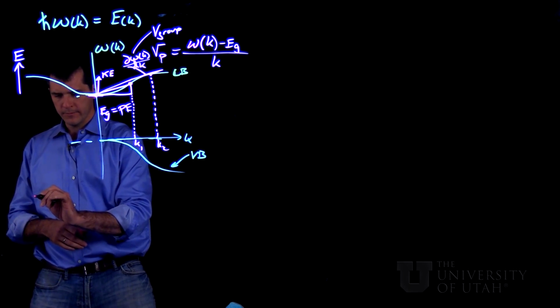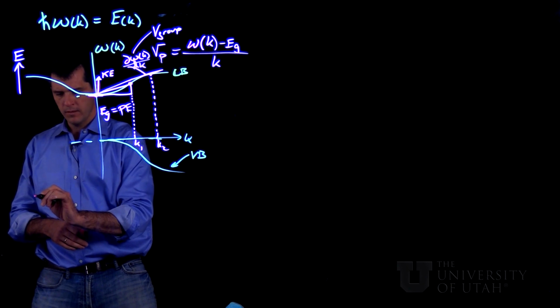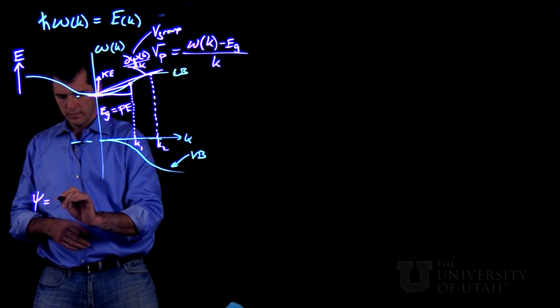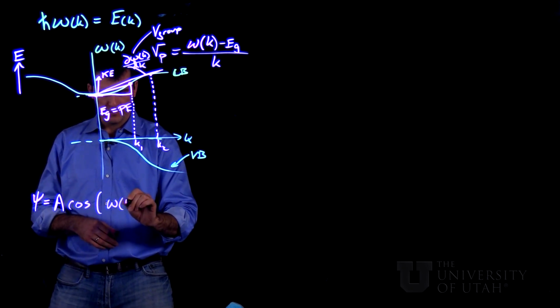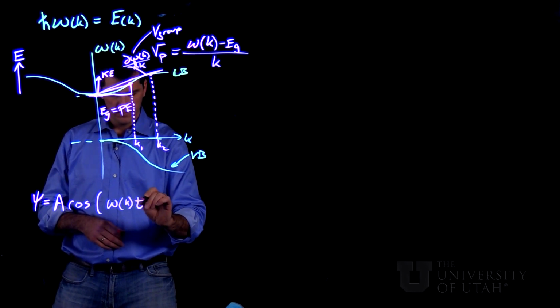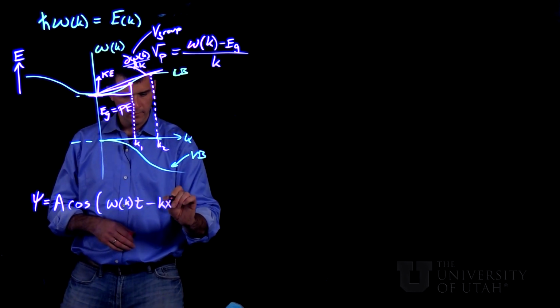So we had our representation of a wave, which I'll represent as psi equals a cosine. And now I'm going to write it out explicitly, that omega is a function of k times time minus kx.